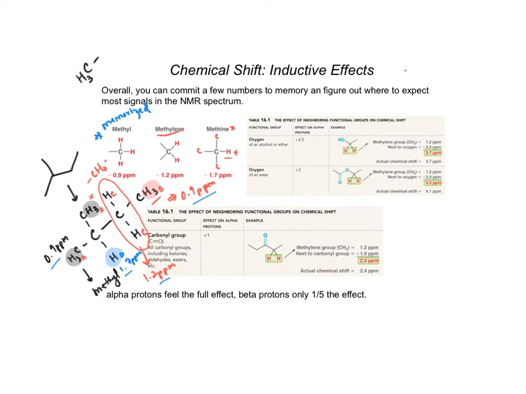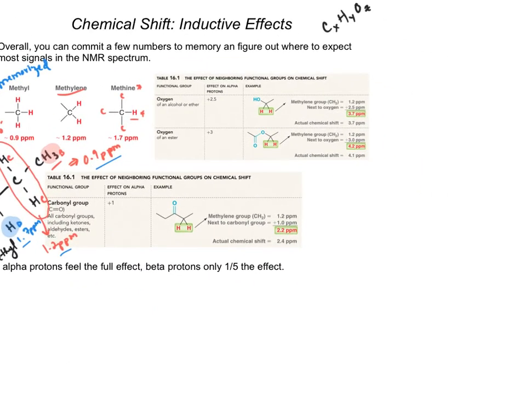So we frequently will have molecules that have some CHO at some point, right? We have a bunch of different functional groups that have oxygen in them, and so you should commit to memory the effect depending on the oxygen functional group that we're dealing with, okay?